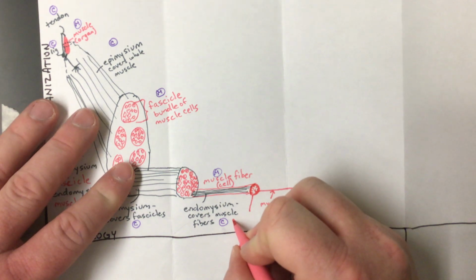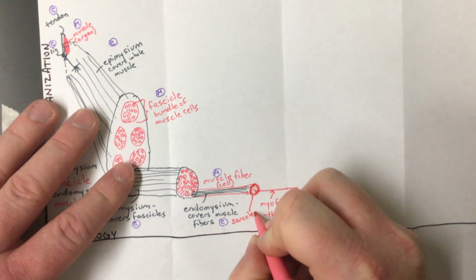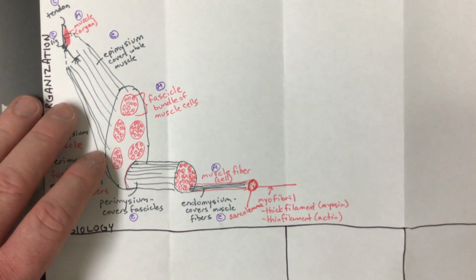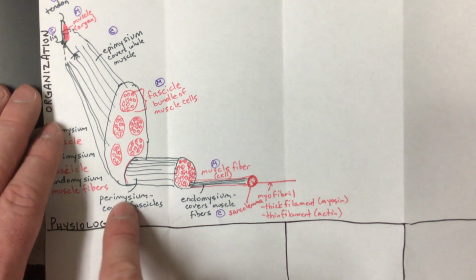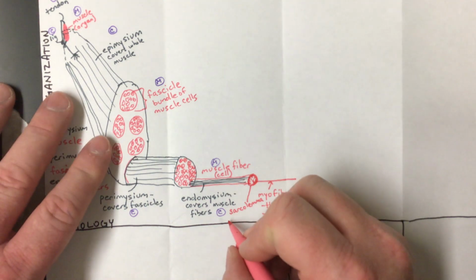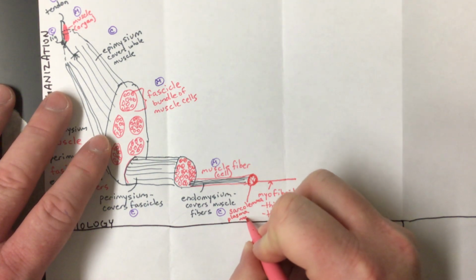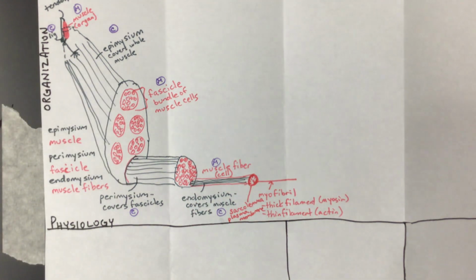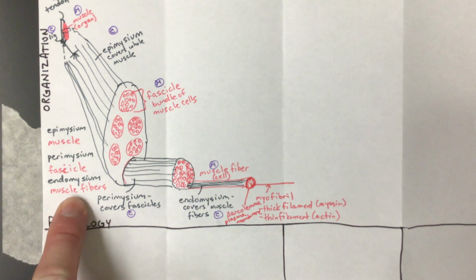The name for the plasma membrane or cell membrane of muscles is called a sarcolemma. So sarco and myo are muscle words. So this is the plasma membrane underneath the endomysium.